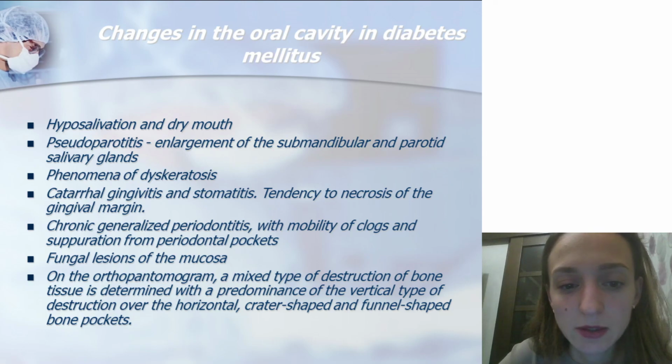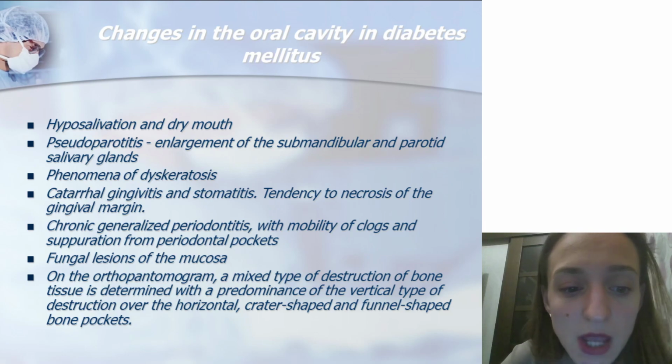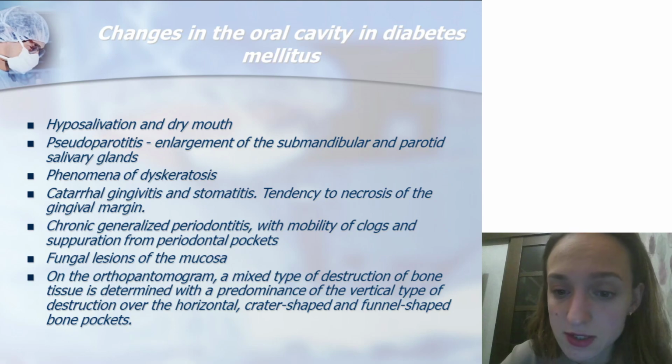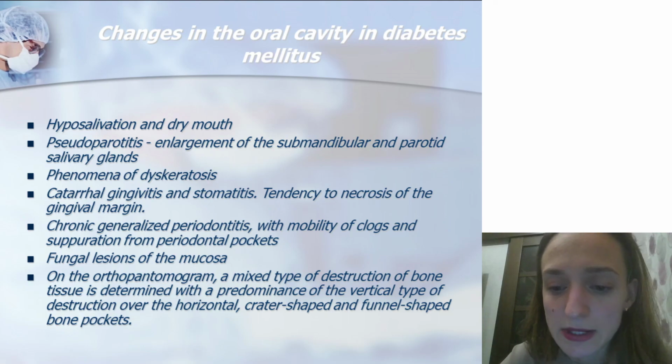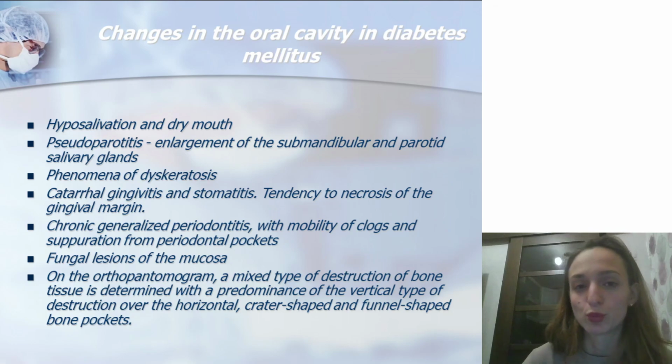Then a phenomenon of dyskeratosis, catarrhal gingivitis and stomatitis, chronic generalized periodontitis, fungal lesions of the mucous membrane, and on the orthopantomogram, a mixed type of destruction of bone tissue is determined with a predominance of the vertical type of destruction over the horizontal, and crater-shaped and funnel-shaped bone pockets.